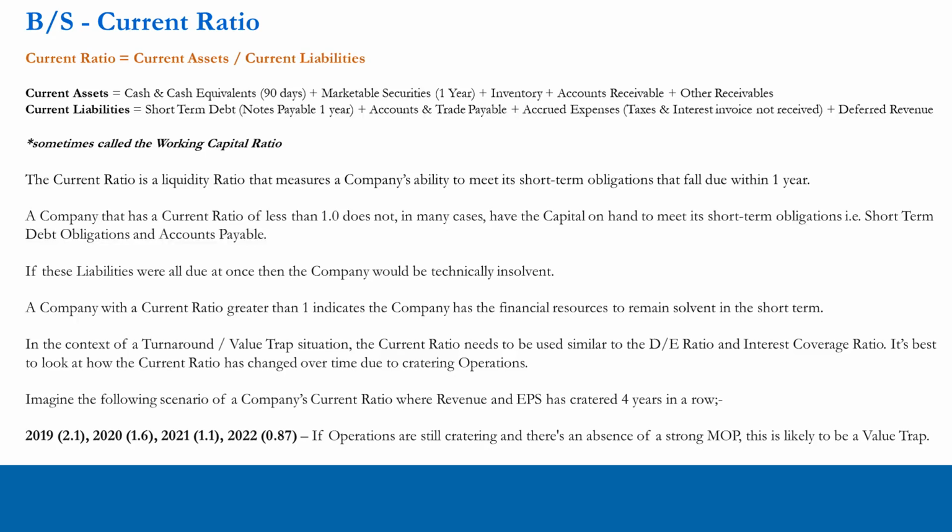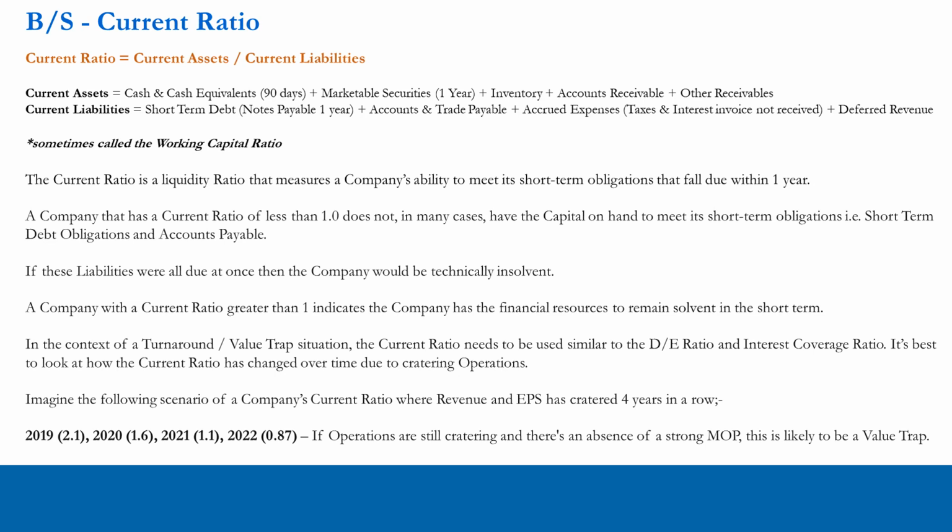And in 2022, current ratio is 0.87. So we can see that the company's position in terms of its current ratio has been deteriorating over the 4 years. And if operations are still cratering and there's an absence of a strong management operating plan, then this is likely to be a value trap.